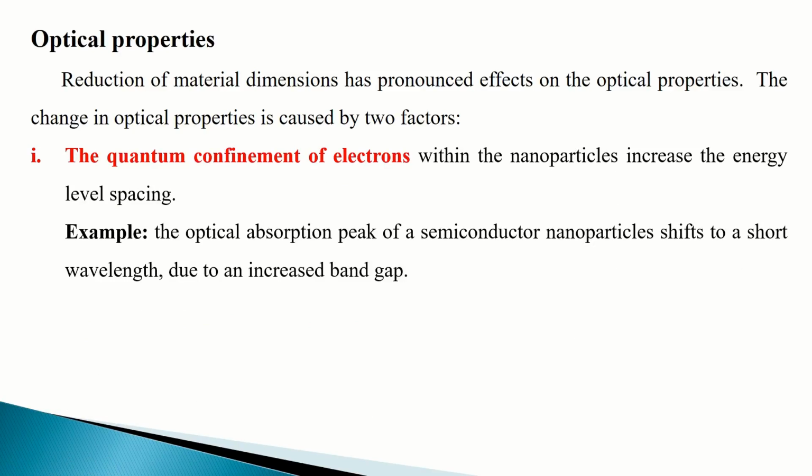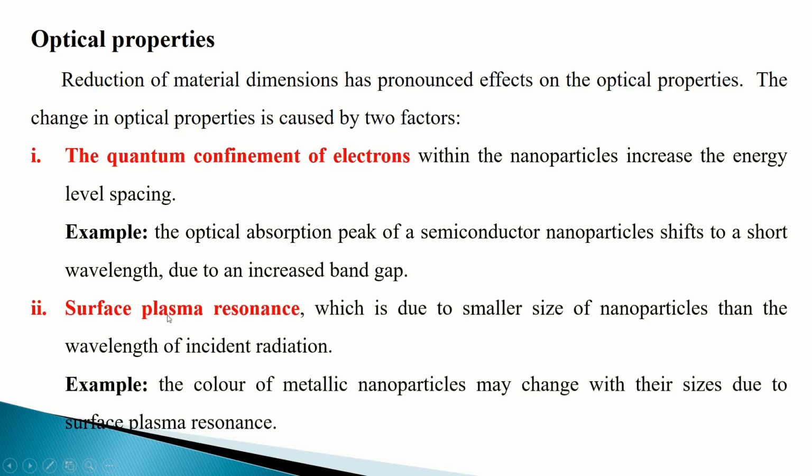When you increase the energy level spacing, automatically your wavelength will go down, because energy and wavelength are inversely related. So the optical absorption peak of a semiconductor nanoparticle shifts to a shorter wavelength, which tells that the energy level spacing is more.